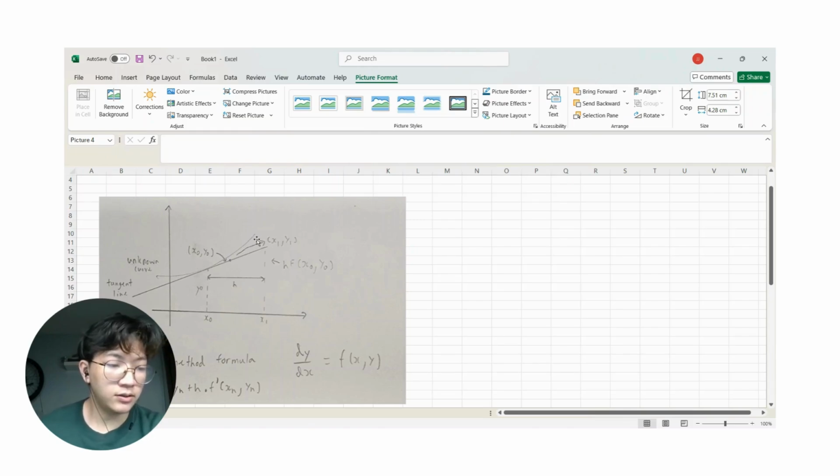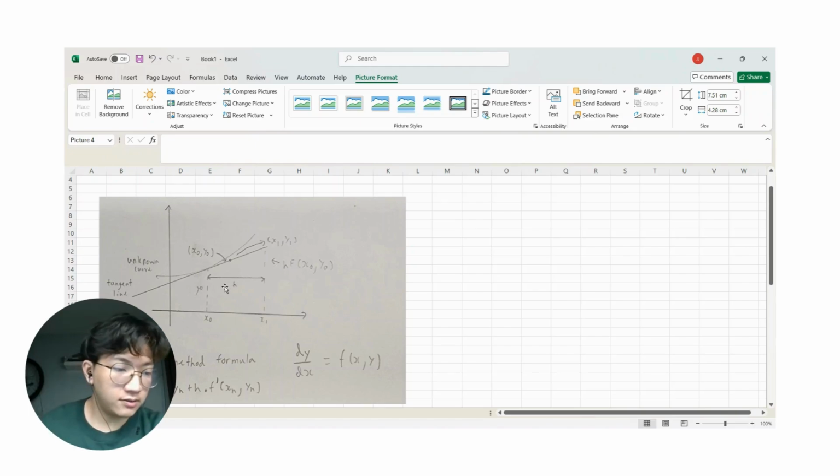So how does this work? We start at the known point x0, y0 over here, and we draw a tangent line using the slope at that point. Then we move a small step forward in x, which will give you x1 and y1, by using what is known as the step size, which is h.